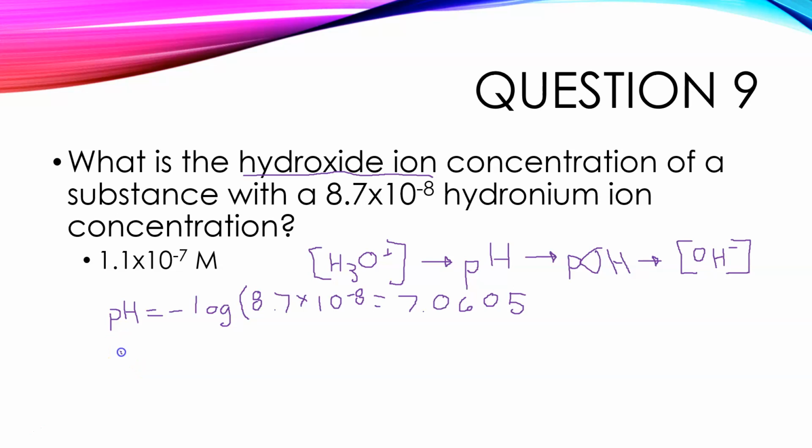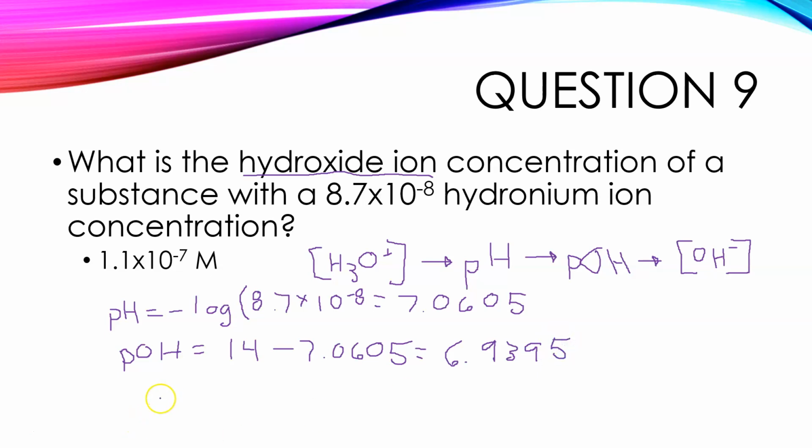From there, we do that pOH is equal to 14 minus the pH, and that gives us a pOH of 6.9395.